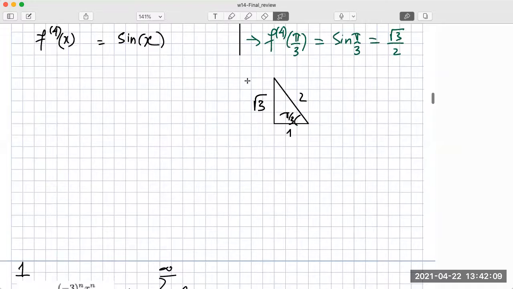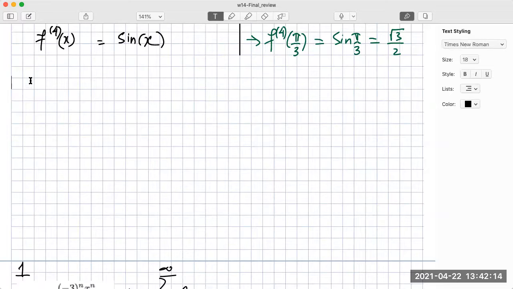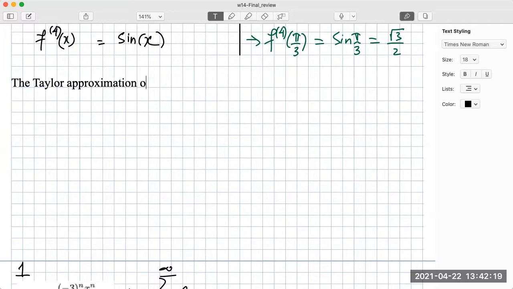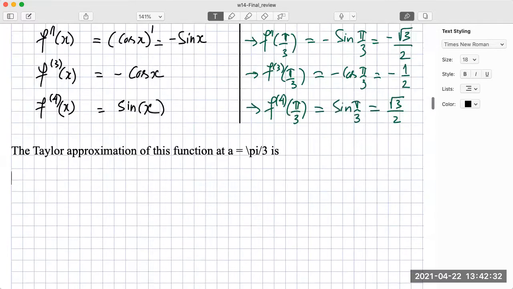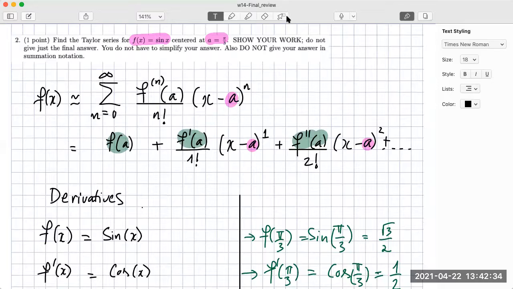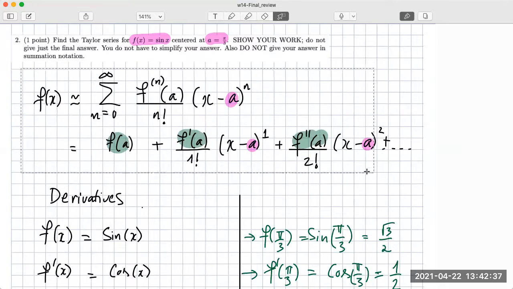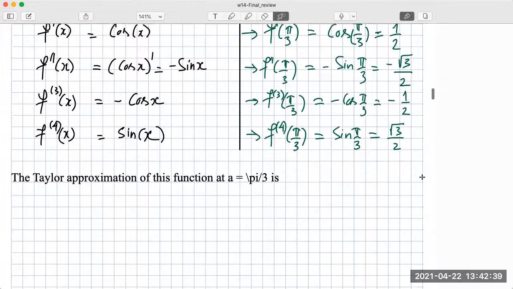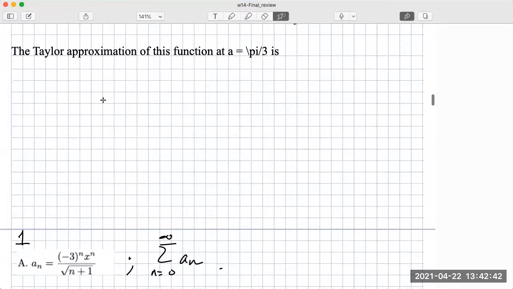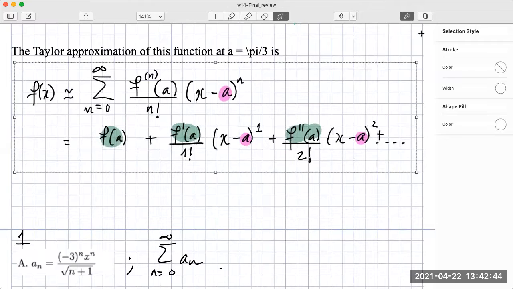Therefore, the Taylor approximation at a equal to pi over 3 is, now, okay, this guy.